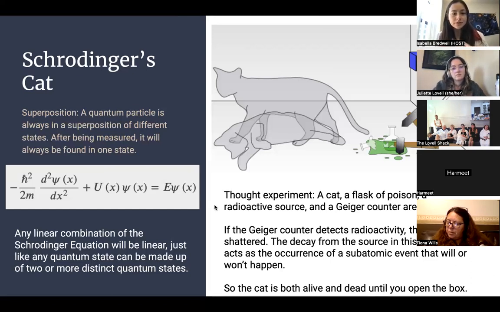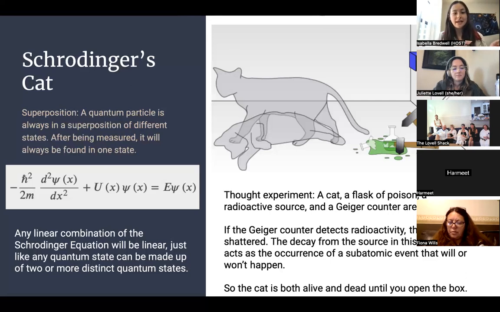So this equation is Schrodinger's time-dependent or time-independent equation. It's not that crucial to understanding it, but this idea of the linear combination always summing to something is reflected really well in this equation. The solution to this equation is linear.